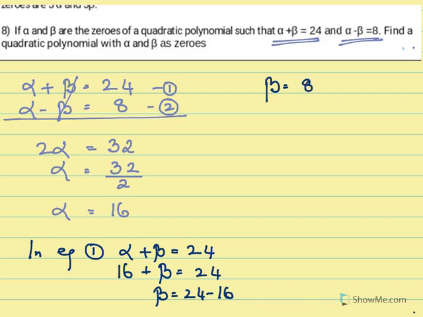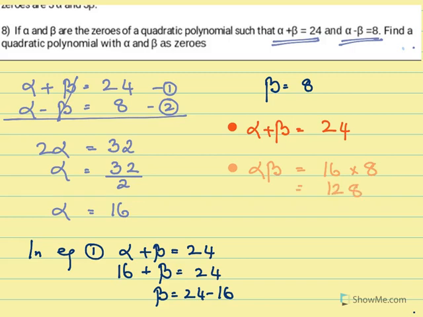Now to make the quadratic, again what are our steps? First step is to find the sum of roots. The sum of roots is alpha plus beta, which we know is 24. The second step is to find the product of roots, alpha beta. 16 into 8, and that is 128.